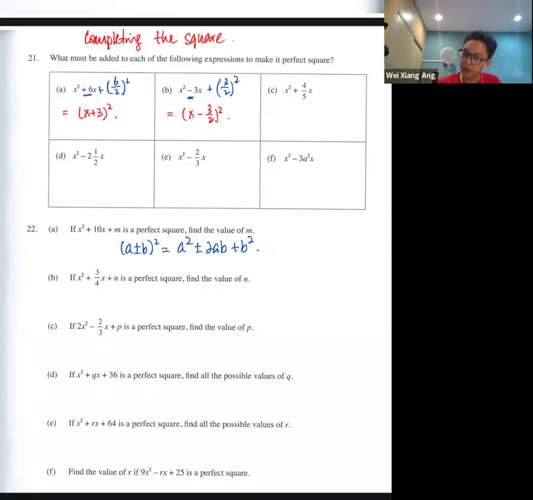If you take a look at the first line, I can rewrite it as x squared plus 2 times 3 times x plus 3 squared. And this factorizes into x plus 3 squared. So by adding 6 over 2 squared, I completed the square. So this is what this exercise is about.